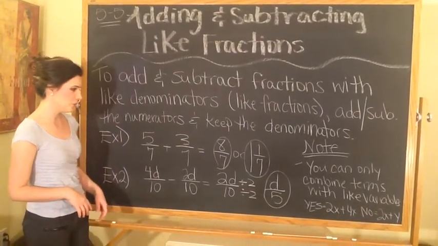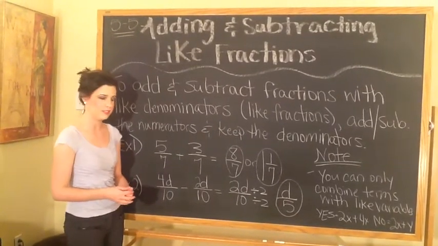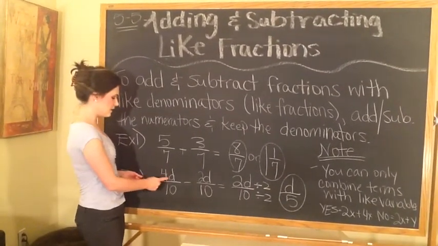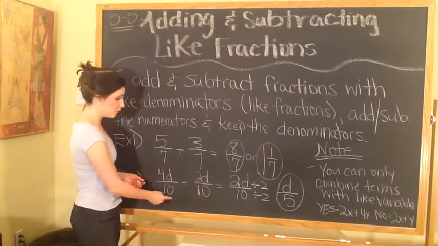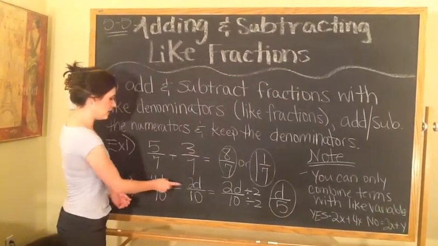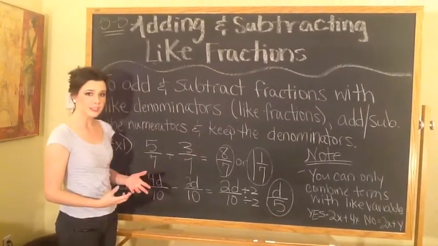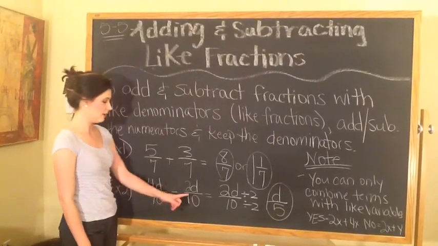Example number 2 shows you how you incorporate variables into this. If you had 4d over 10 minus 2d over 10, you would see that the denominators are the same, and then you'd look at the numerators. The numerators in this case are terms with the letter d in them.